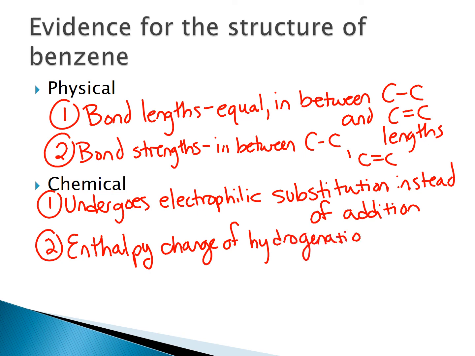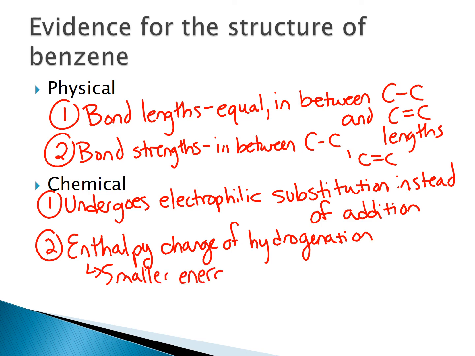Now, if this were just cyclohexatriene, so if it was alternating single and double bonds, you would expect that hydrogenation would be 3 times the enthalpy of hydrogenation of cyclohexene with only 1 double bond. But it's actually much less than predicted. And that's because of resonance energy. So the molecule is stabilized by those delocalized electrons. So it actually is a much smaller energy change than predicted.